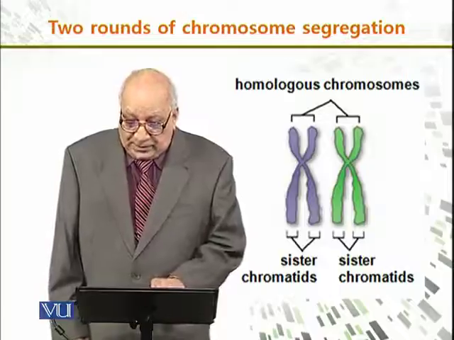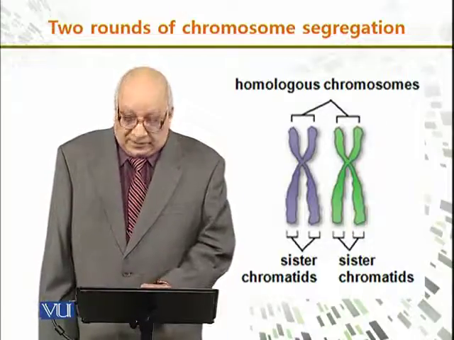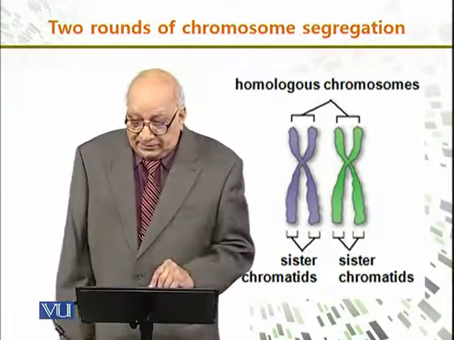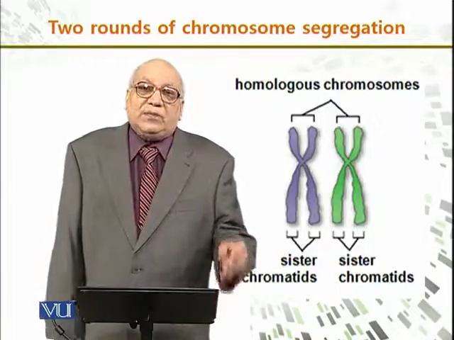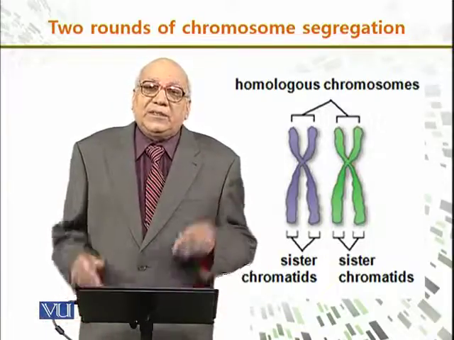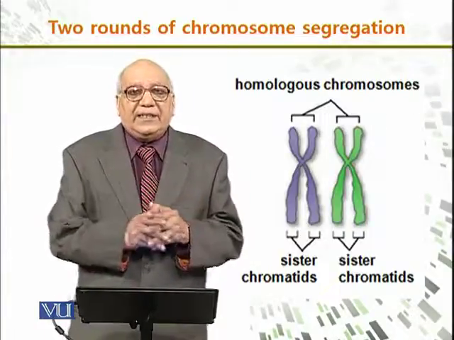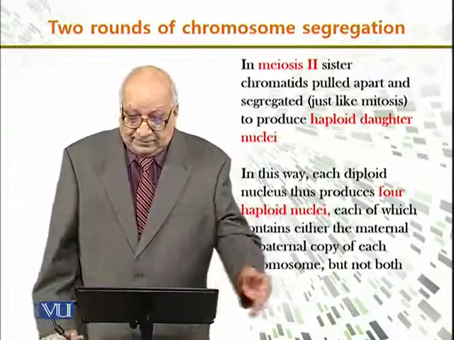Homologous chromosomes, that is the blue one, that is the sister chromatid, and another sister chromatid, that is the green one, but both are homologous. What we mean by homologous is that they are similar. ये एक तरह के हैं, एक तरह के genetic characteristics हैं.